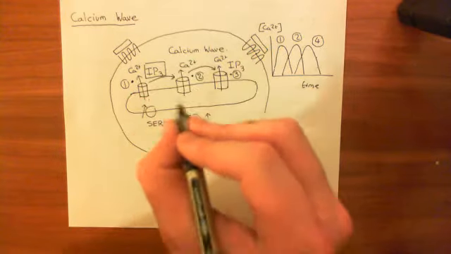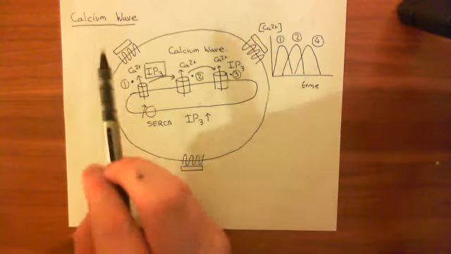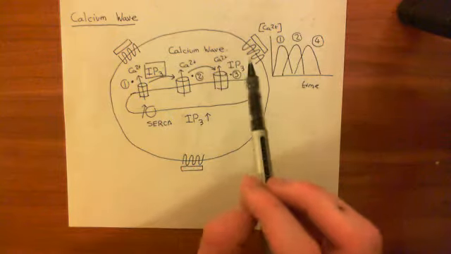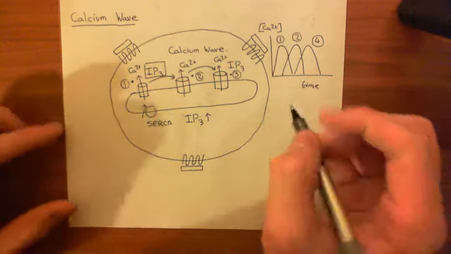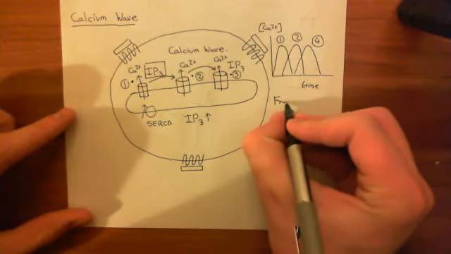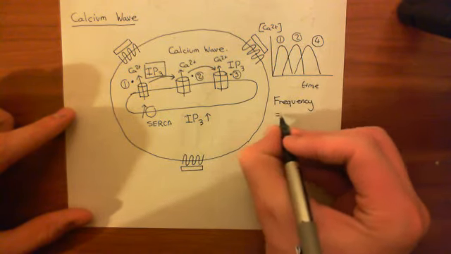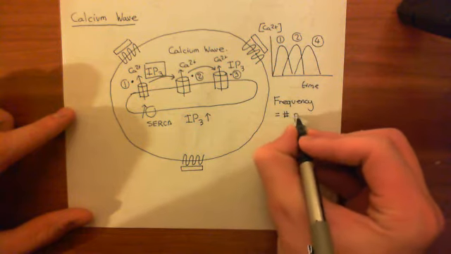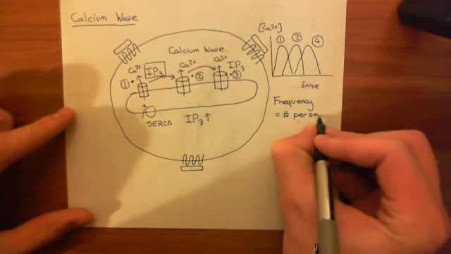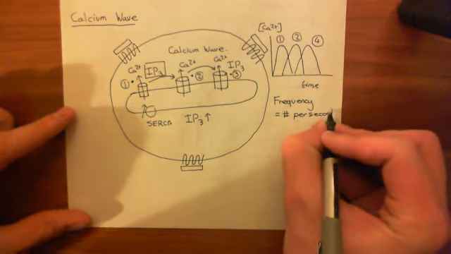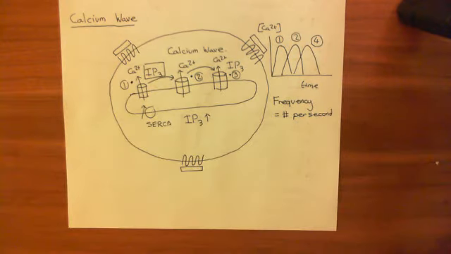So the higher your IP3 concentration, the smaller the time interval between calcium waves, basically. So remember, frequency of a wave just means how many waves you get per second, equals number per second. So if you've got a higher frequency, that means you get more waves per second, i.e. the time between consecutive waves is smaller.